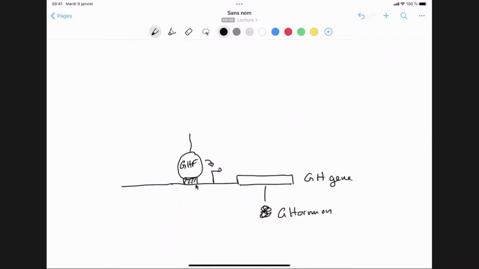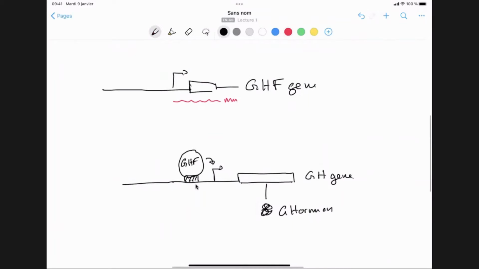This factor is coming from the transcription and the translation of one gene, which is the GHF gene. The GHF gene is transcribed in mRNA for GHF and is going to produce the GHF factor.